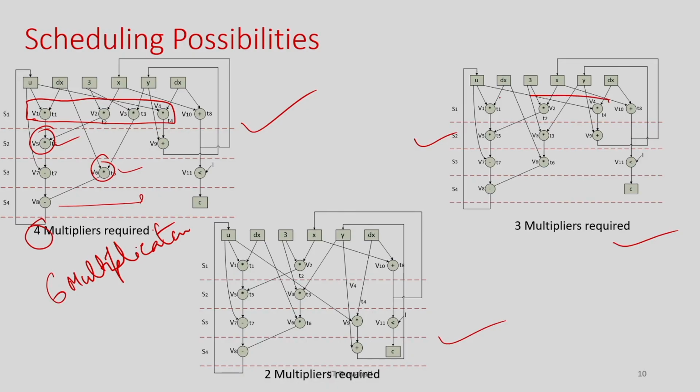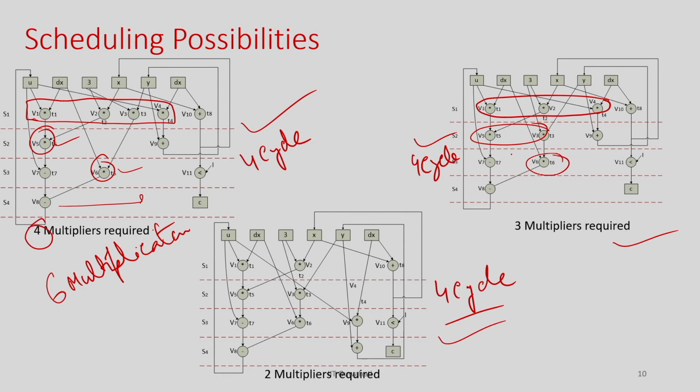Here there are 3 multipliers scheduled, and still it is 4 cycles. This is also 4 cycles, this is also 4 cycles. Because 3 multipliers are in parallel here, 2 and then 1 here, it will need at most 3 multipliers to execute this.